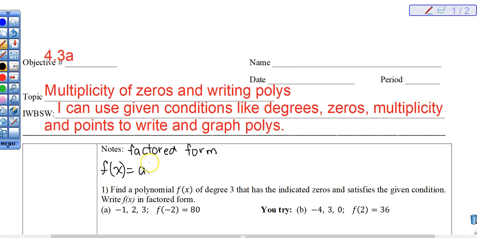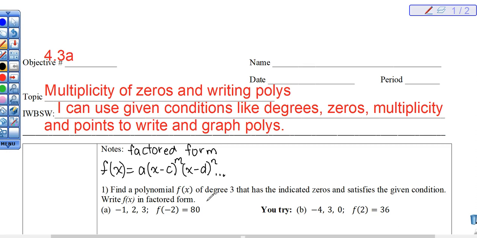So A, the all-important, ever-important A, always must find it, times x minus c raised to some multiplicity. It might be 2, 3, 4, times x minus another c, but we'll make that a d. And I'm just going to raise it to the nth power because we don't know if they're the same. And then that, of course, continues depending on the degree or how many zeros that we have.